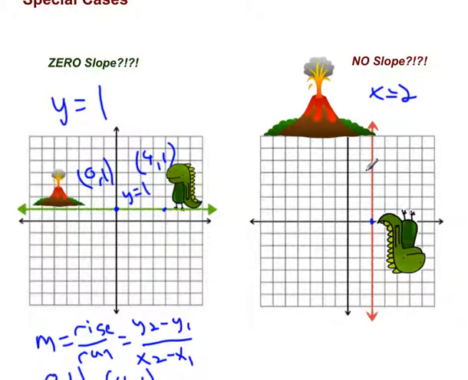So let's do what we just did with the horizontal line. Let's pick another point. Let's pick this one up here. What is this point? Let's see, 1, 2, 3, 4, 5. So we're over 2 in the x, and we're up 5 in the y, so it's 2, 5. And our first point was 2 in the x, 0 in the y.